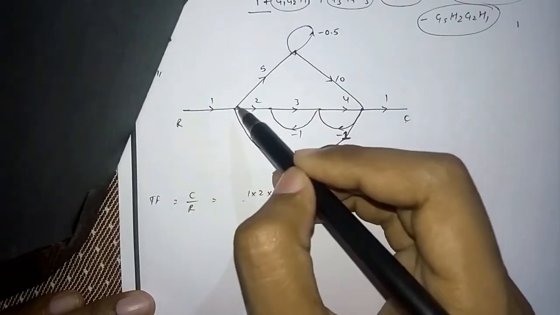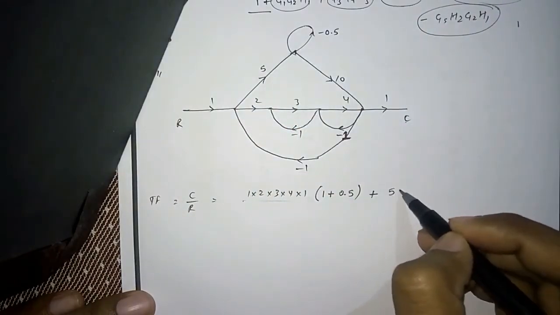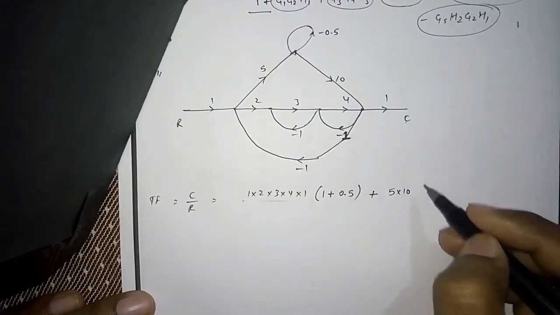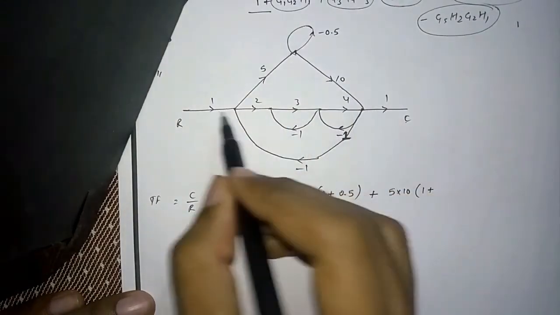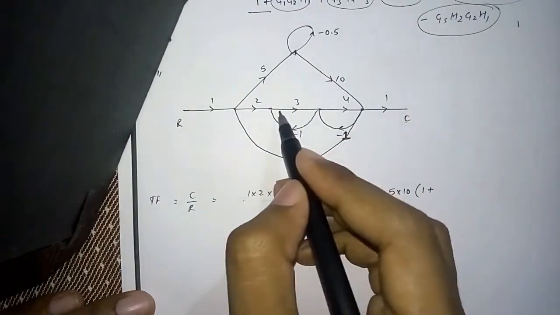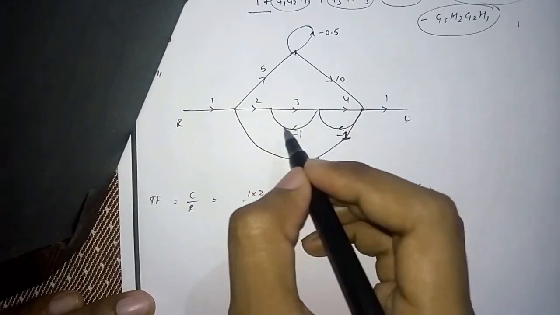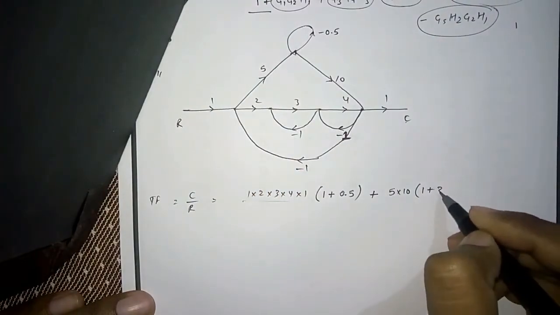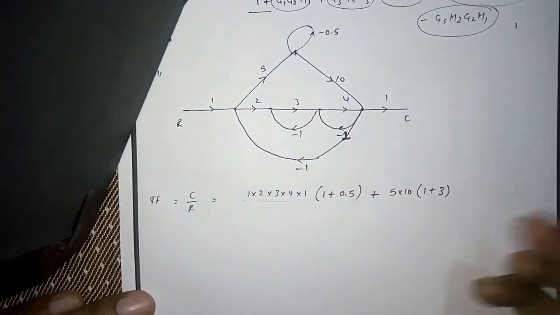So this is the second path, 5 and 10. So 5 into 10 is the second path. And is there any loop which is not touched by this path? Yes, we have this one. So gain of this loop is -3, but we have to write just 3 because this is the only single loop, and we can ignore one single negative sign.